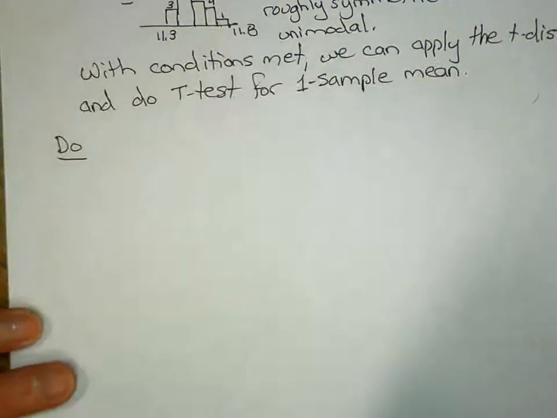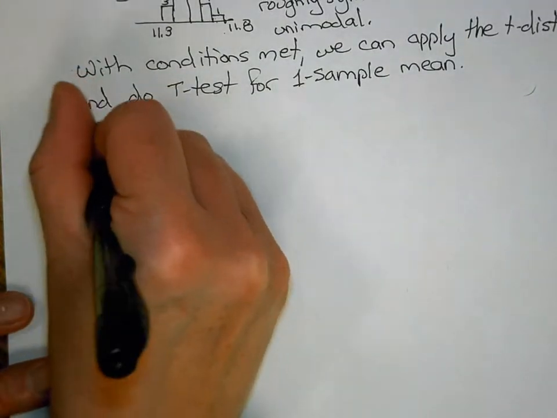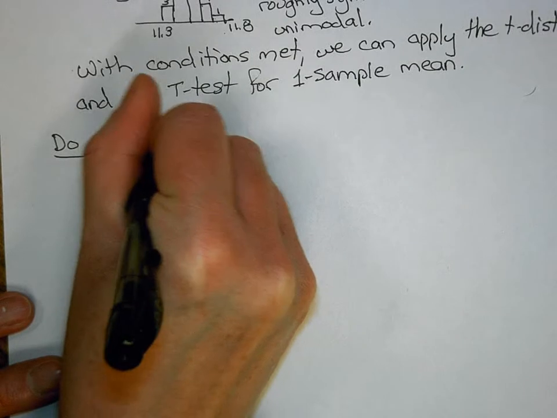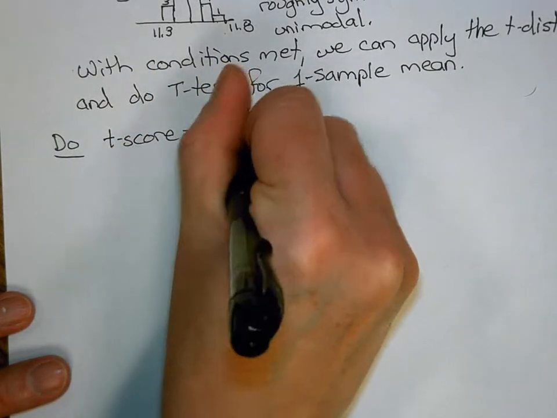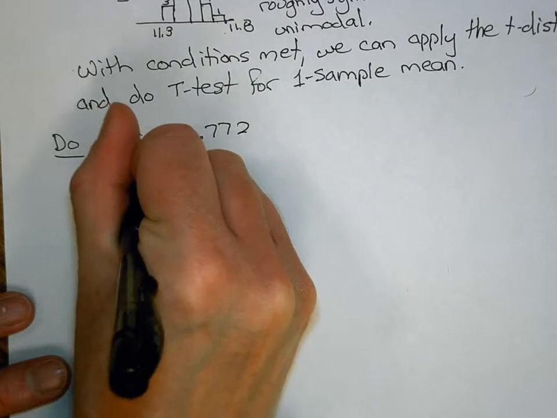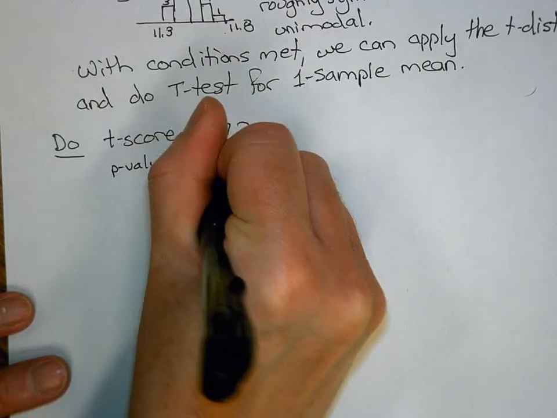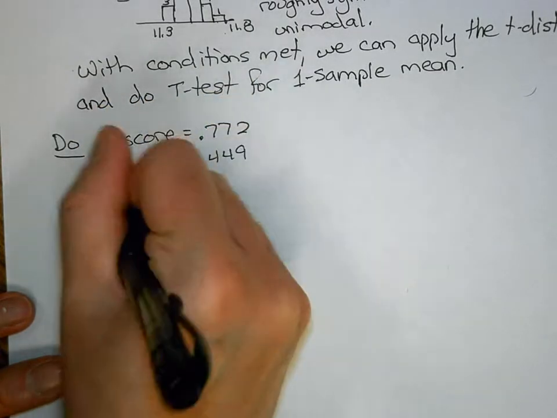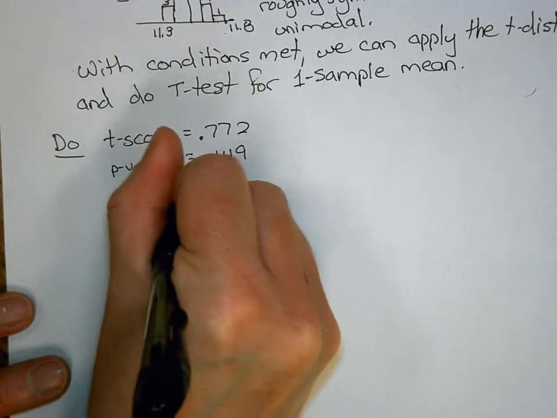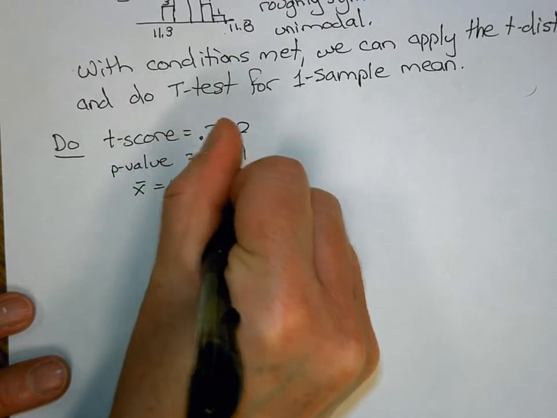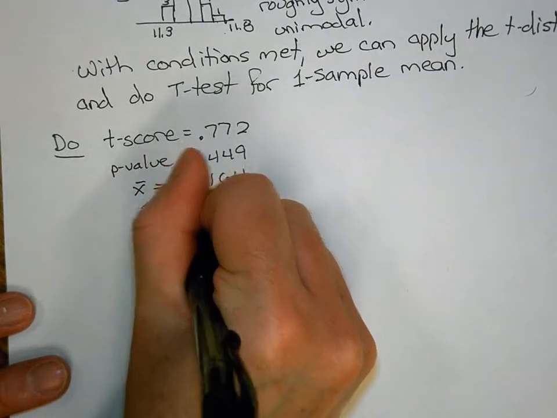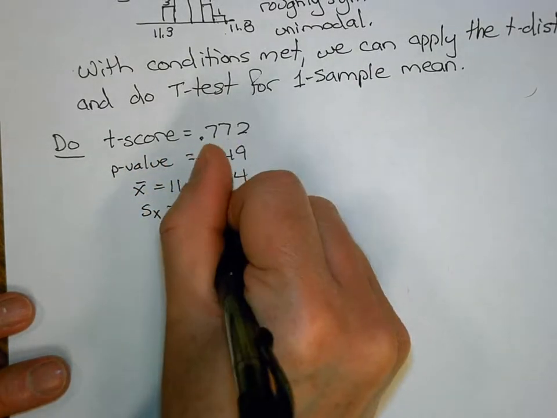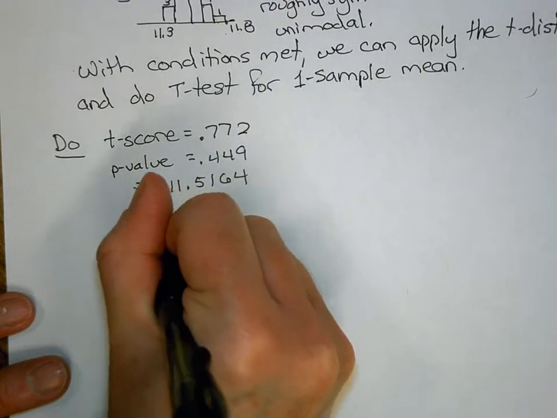Do, copy down all that information. T-score is 0.772. P-value is 0.449. X-bar 11.5164. Standard deviation is 0.095, and my sample size was 20.